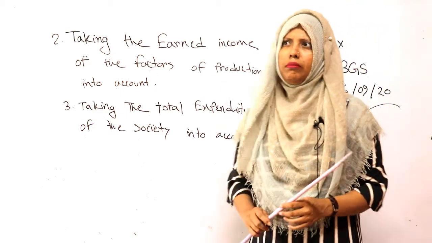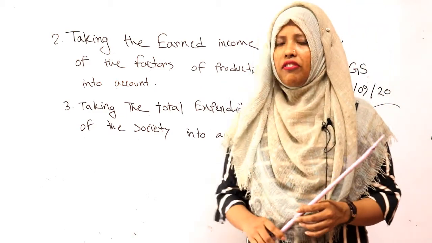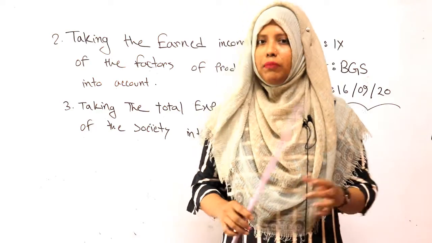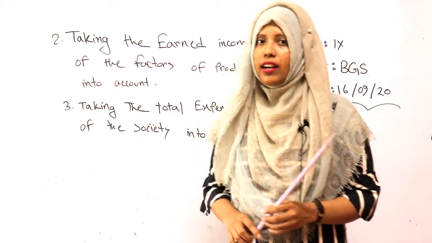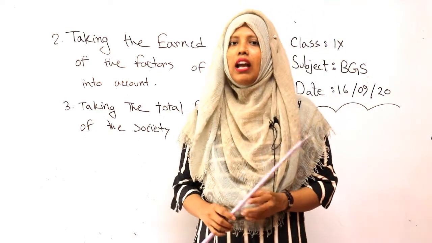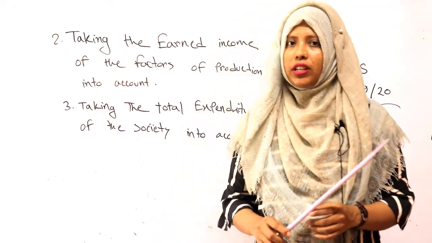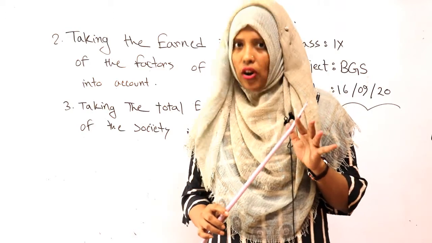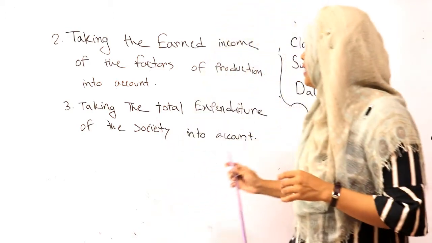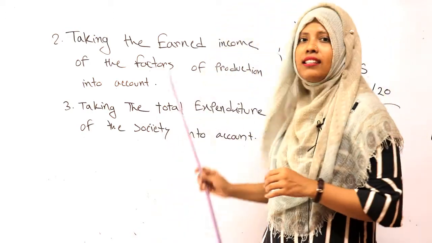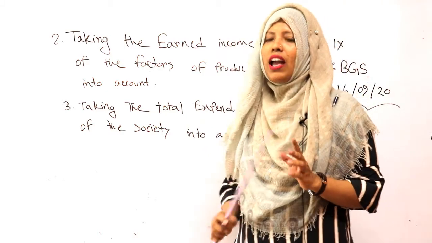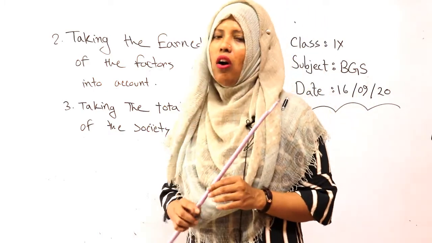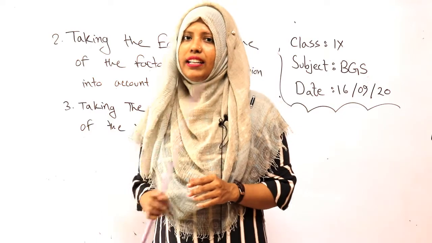Do you remember what our factors of production are? In the previous chapter we have already learned about the factors of production. Yes, students, the factors of production were land, labor, capital and organization, and these four factors have some income, and we already know about their income.